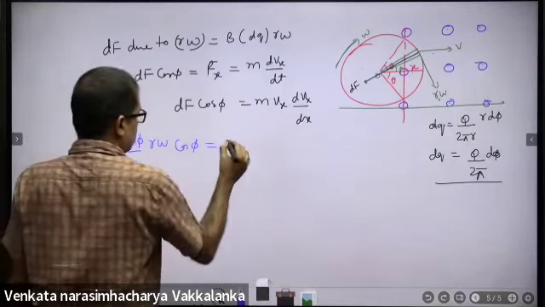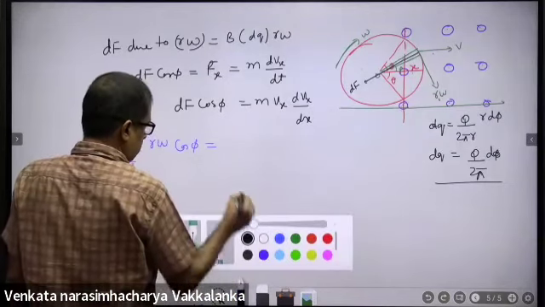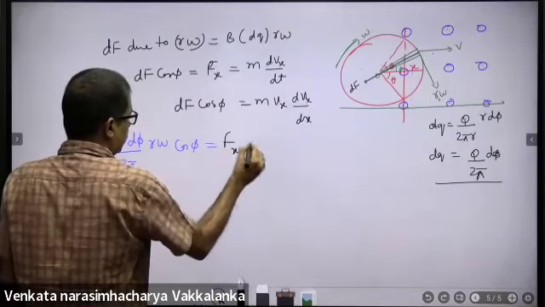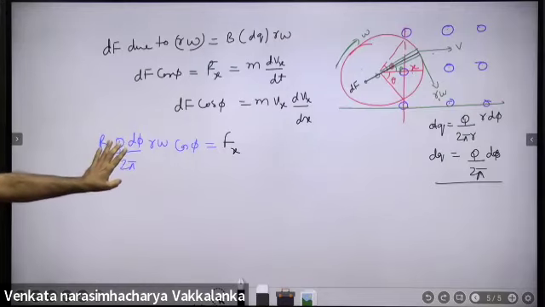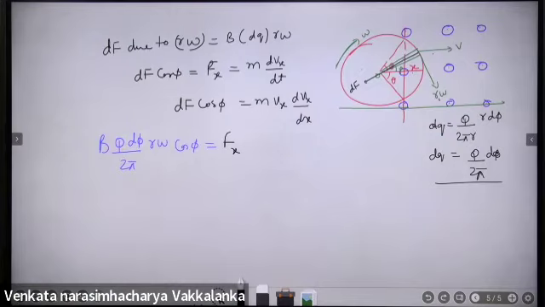This is Fx. Agreed? B capital Q d phi. Hope I have got it right. Perfect. By 2 pi integral d phi.